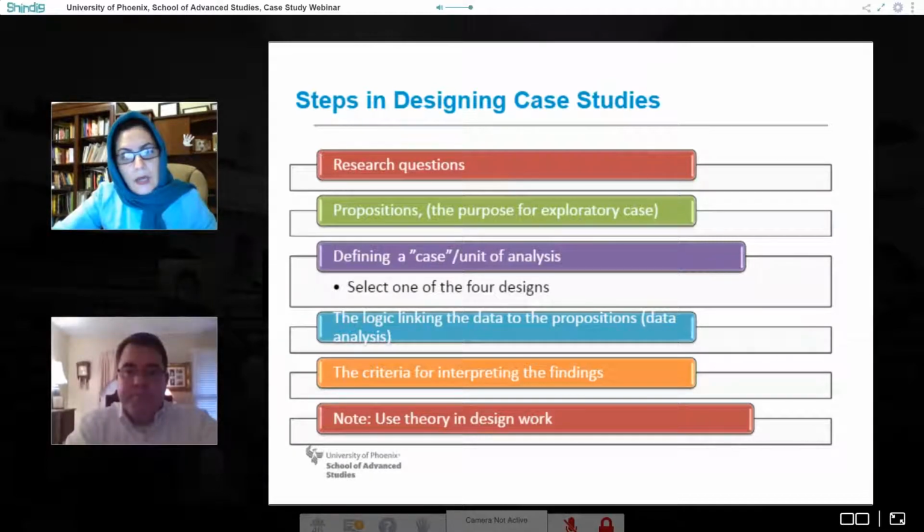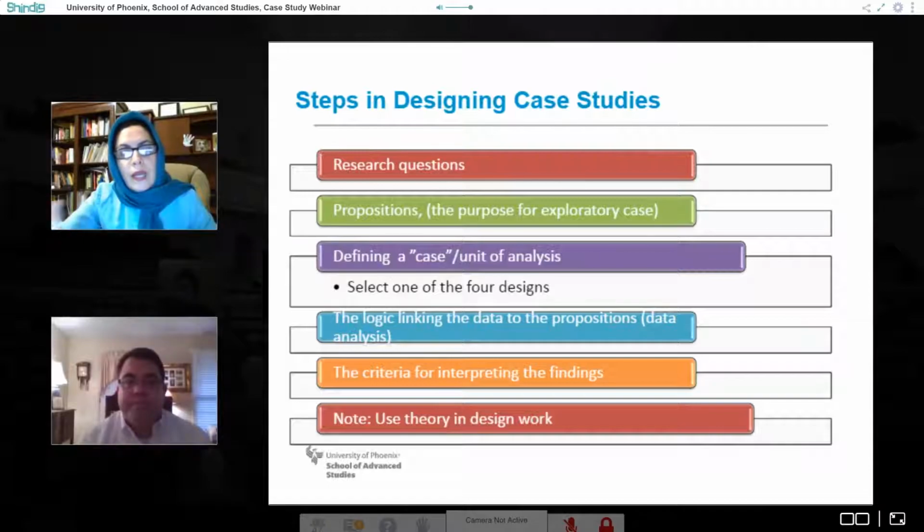Defining the case or unit of analysis is another step that I slightly talked about earlier. And selecting the design. Again, there are a number of designs for case study that I will explain in the following slides. We also need to have a logical linking between our data and our proposition or the purpose of the study.